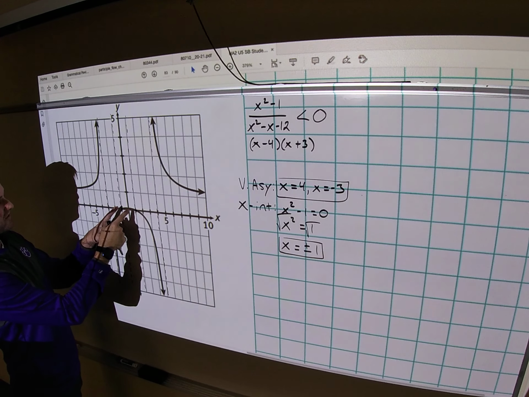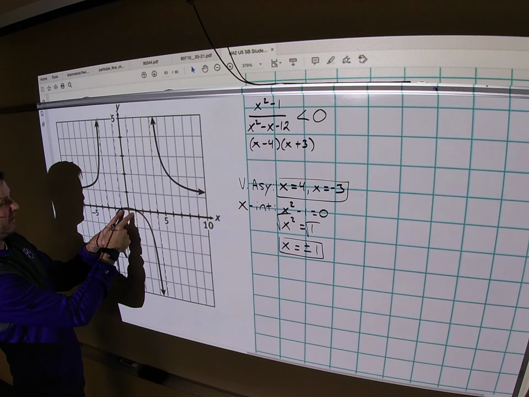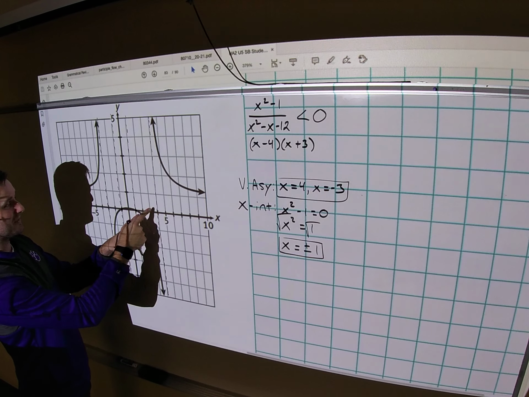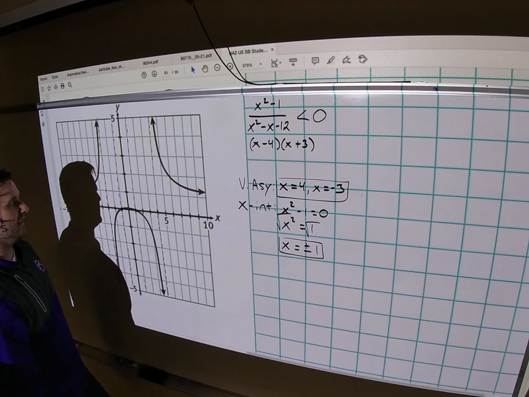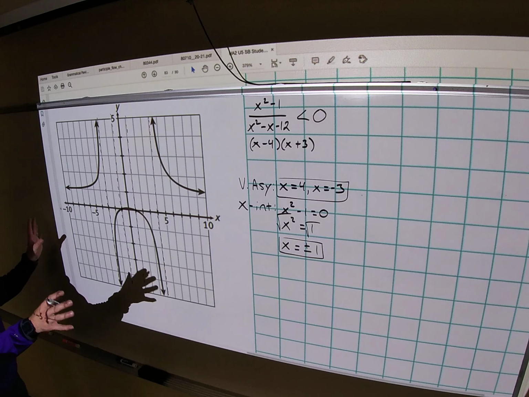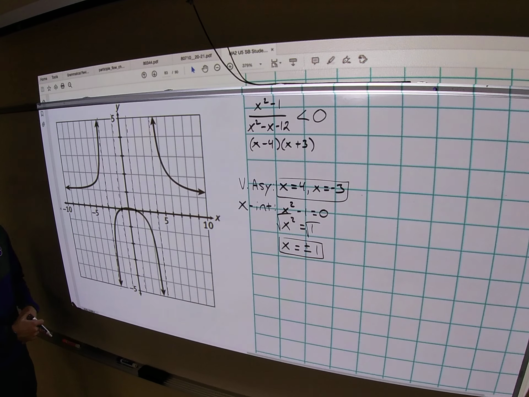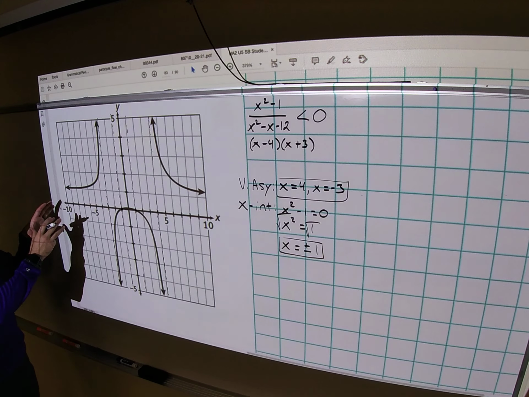I have a third section in between the two x-intercepts, a fourth one from this x-intercept to this asymptote, and finally a fifth one from this asymptote all the way to positive infinity. So we have 5 sections. So if you were to do this algebraically, you would have to test a value in each of the 5 sections to see which one works. So not only do you have to do all of this work, but then you have to test 5 coordinate points. Well, we're not going to do that.